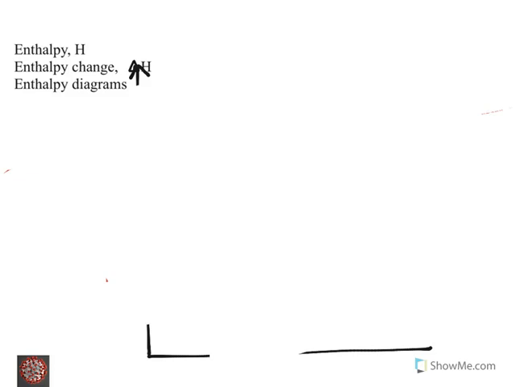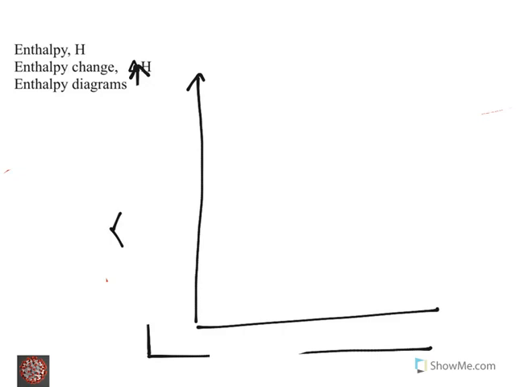All right, let's get graphical. So the most common, another visual way to see delta H, or change in enthalpy, is to have an enthalpy diagram. So typically, an enthalpy diagram looks something like this, and your y-axis is enthalpy, so it's increasing as we go up.